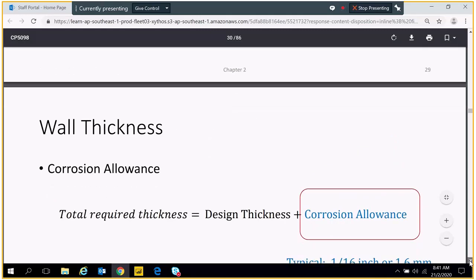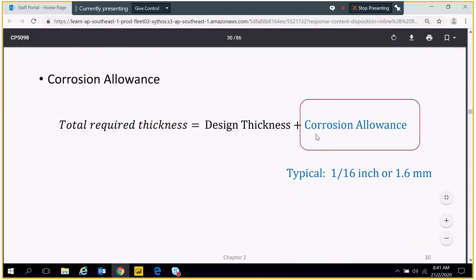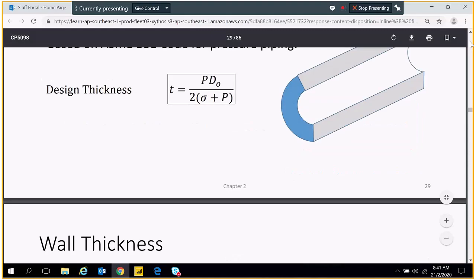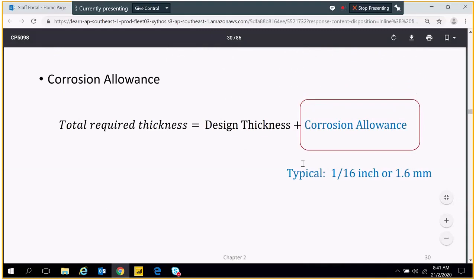Now, the thing is that you need to give allowance for corrosion. Corrosion is chemical attack. If the chemical attacks the material, this material becomes thinner and thinner. So you need to give allowance. Sometimes in our calculation, the design thickness is very, very small.